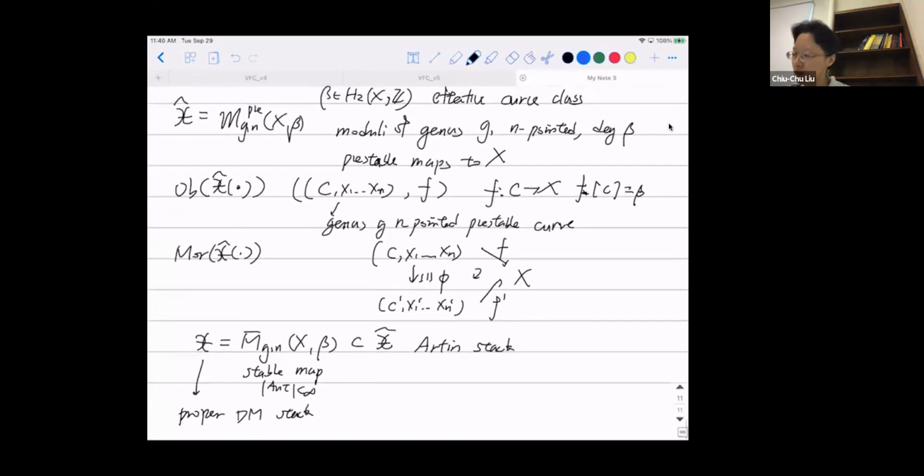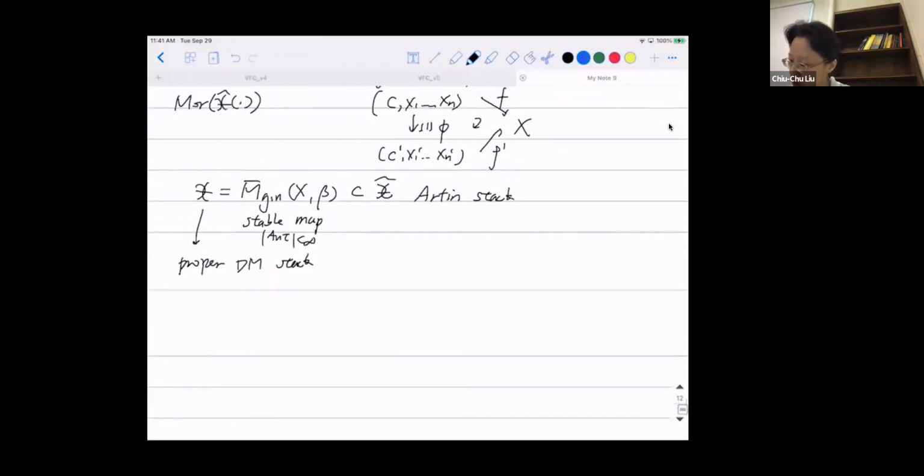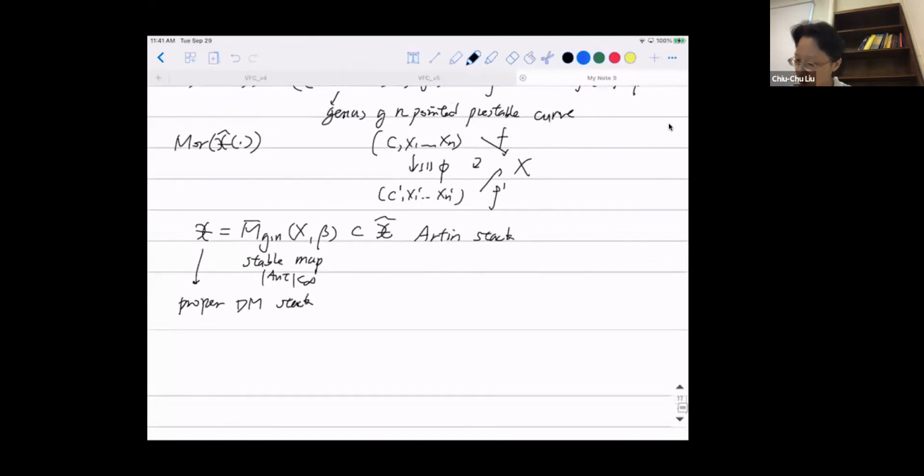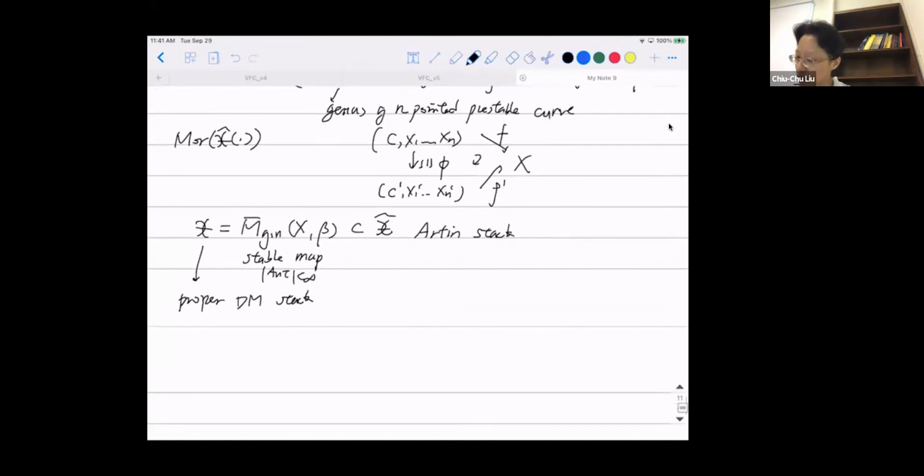But actually, this Artin stack already has the structure of a relative perfect obstruction theory. For the fundamental class, we need to do this over the Deligne-Mumford stack, but the perfect obstruction theory is defined on the Artin stack of pre-stable maps.